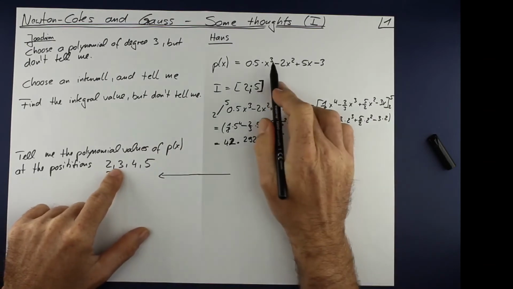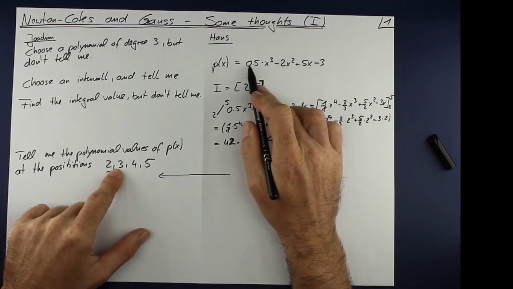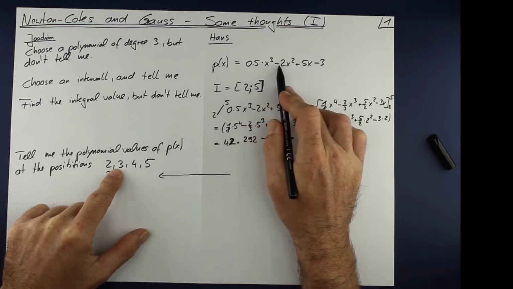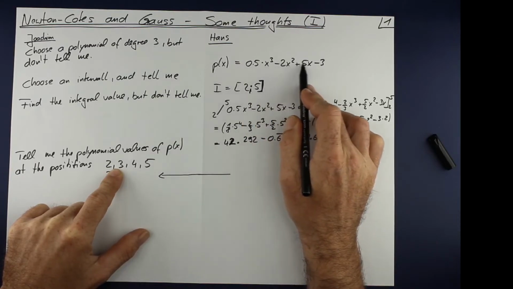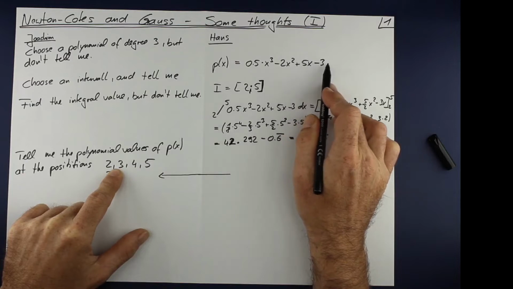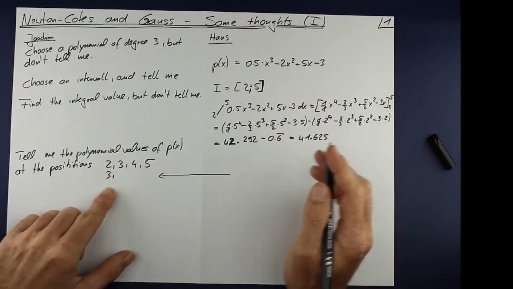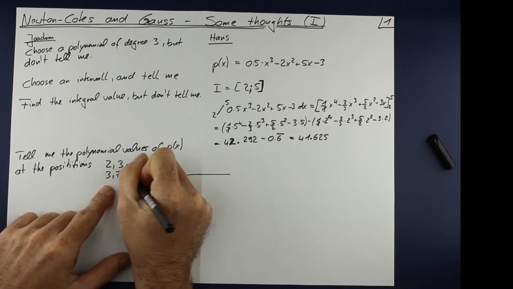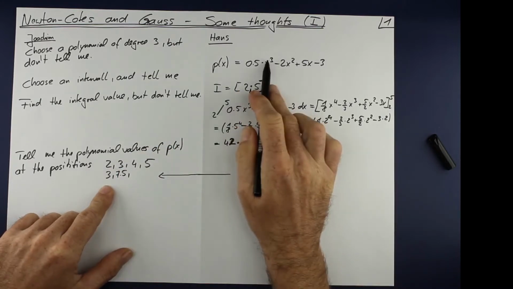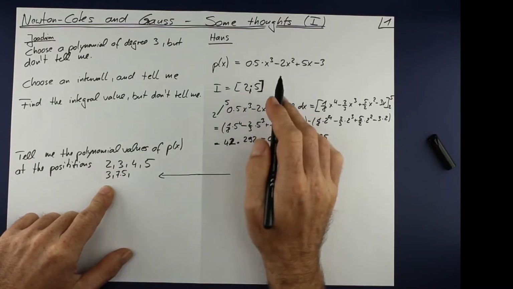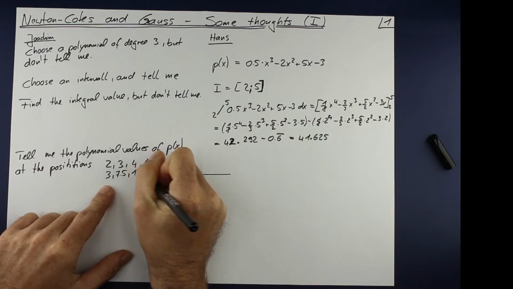Then 27 halved is 13.5, minus 18 plus 15 minus 3, and you get the value 7.5. 64 half is 32 and so on, and you get 17.